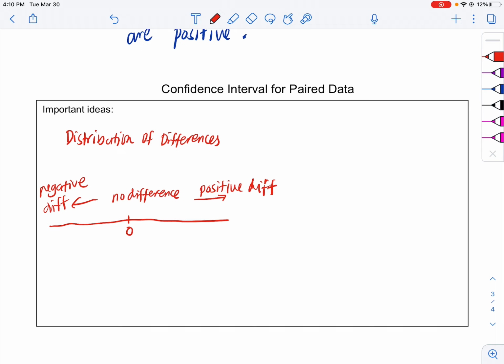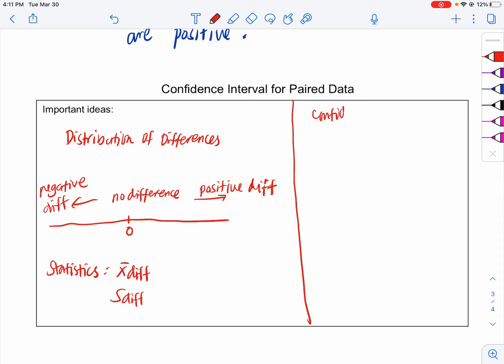Our statistics in here, they're named as X-bar diff and standard deviation diff, the standard deviation of the difference. Okay, what else did we learn? And this is confidence.